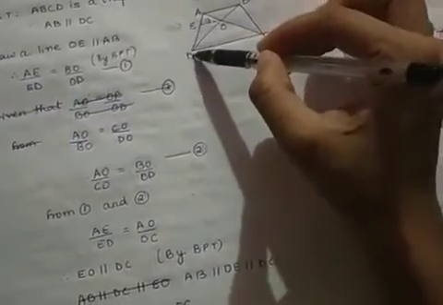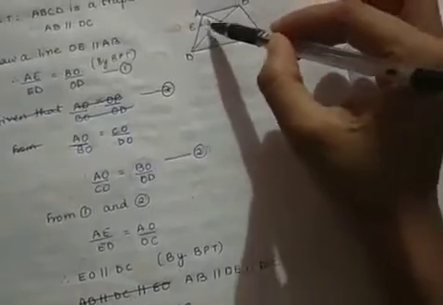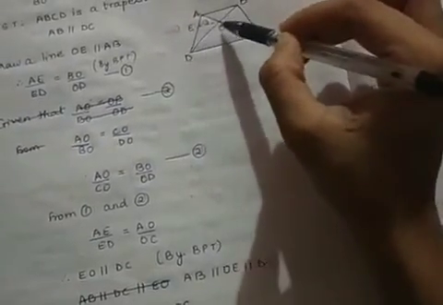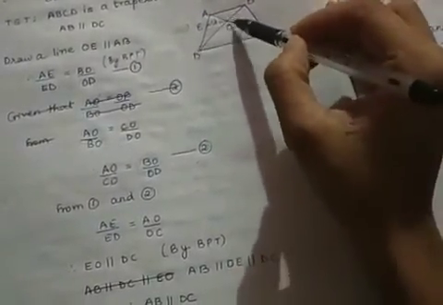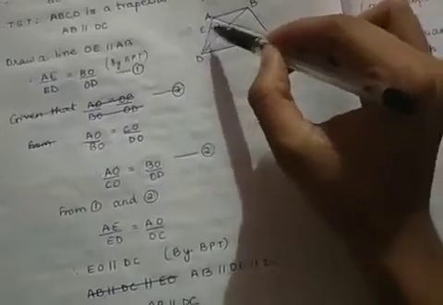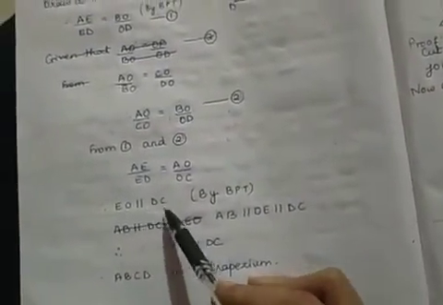Means what? In this triangle, EO is parallel to DC. Since we got AE upon ED equal to AO upon OC, OE should be parallel to DC. So we got here EO parallel to DC by basic proportionality theorem.